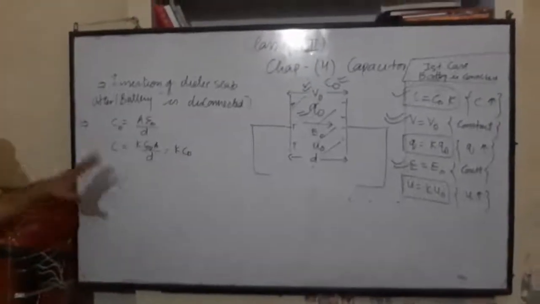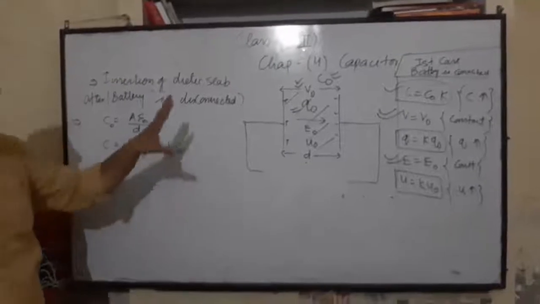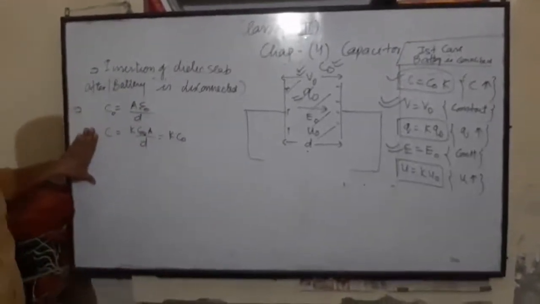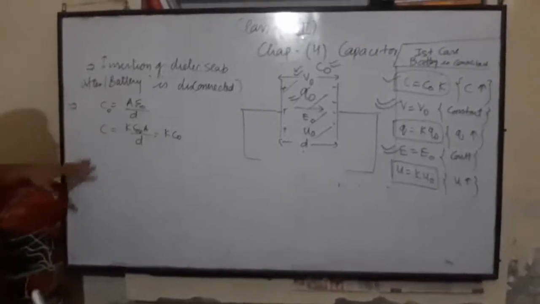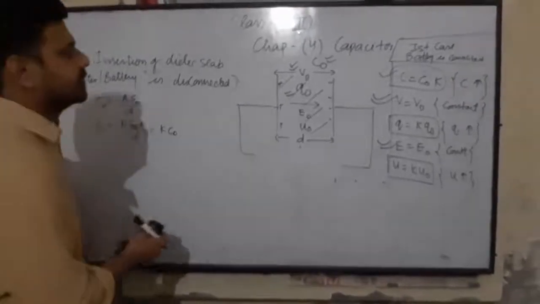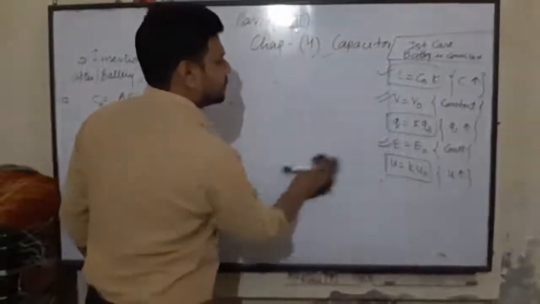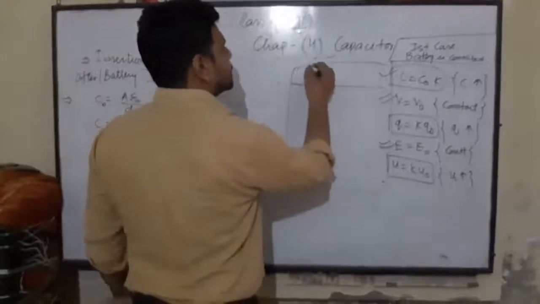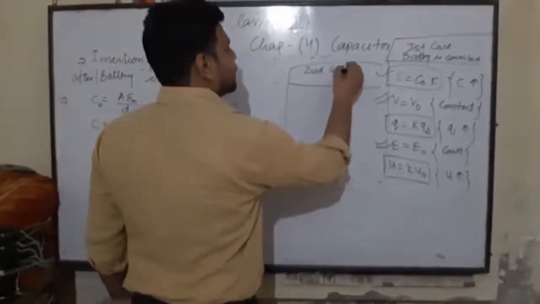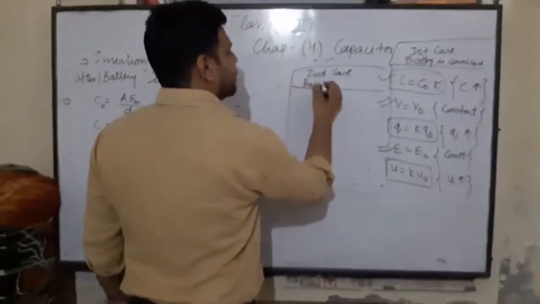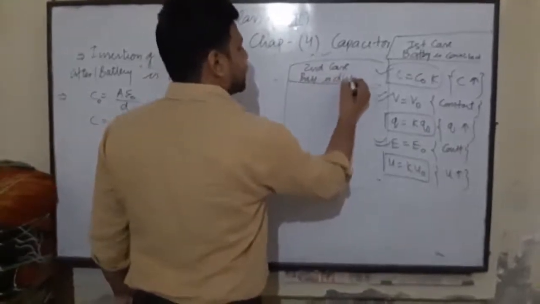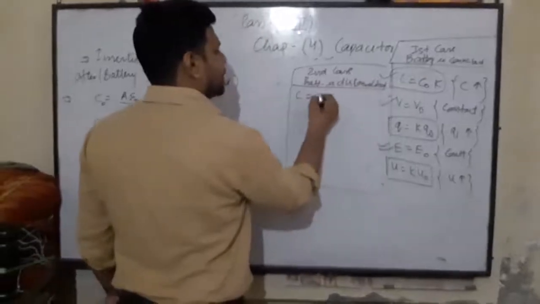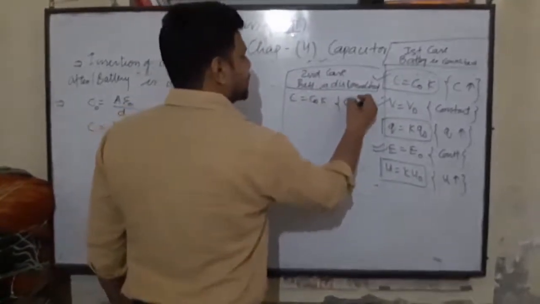So we see in both cases, if we place a dielectric slab, capacitance increases. This was the second case, where the battery is disconnected. In this case also C increases.